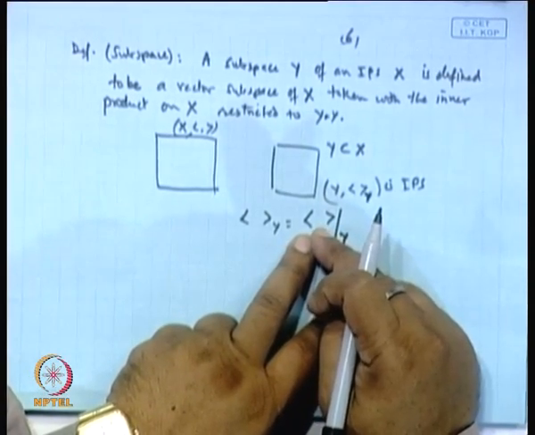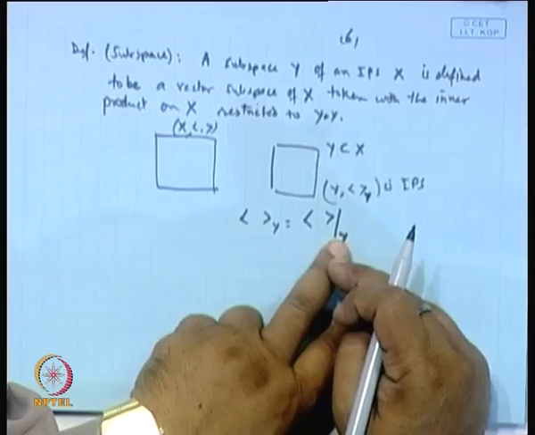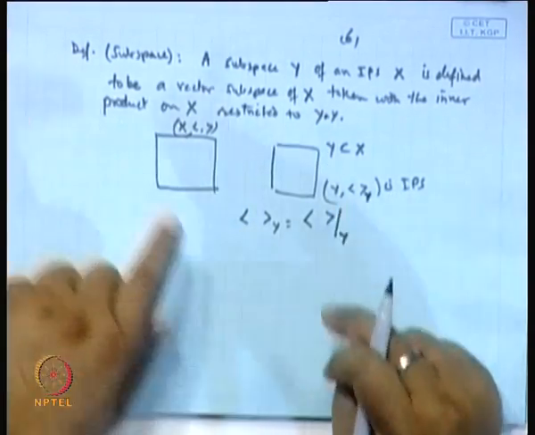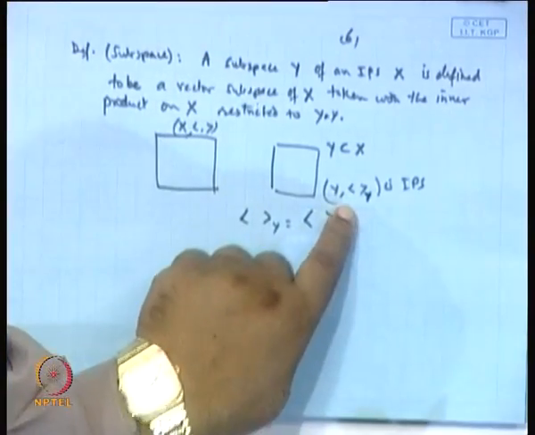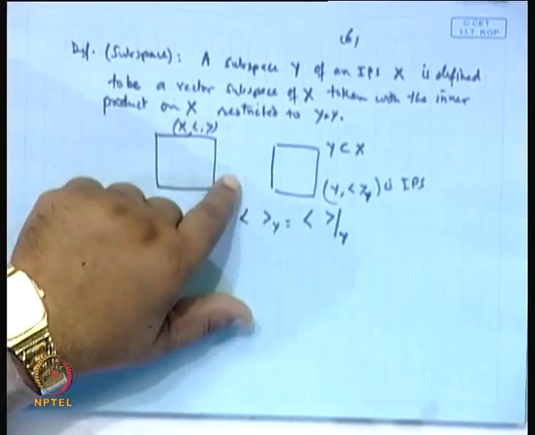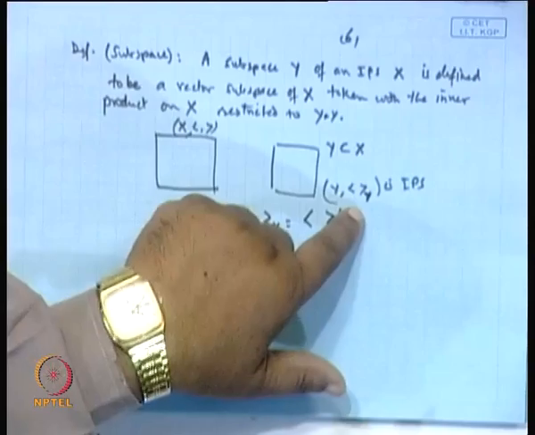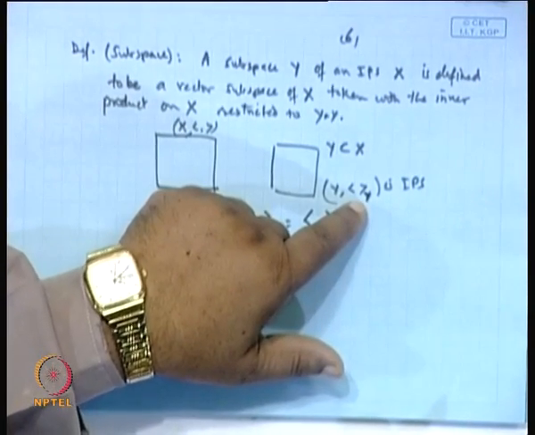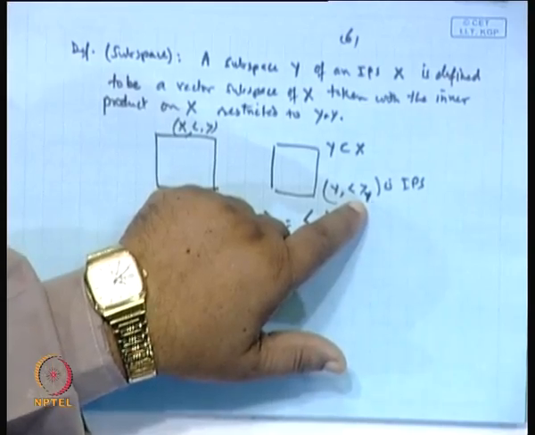The restriction gives you the corresponding inner product on Y. So, if Y is a vector subspace and it also forms an inner product space under the inner product of X restricted on Y, then we say Y with this new restricted inner product is a subspace of the inner product space.